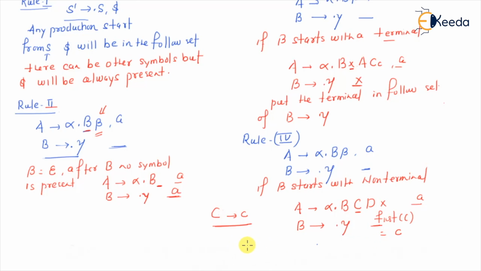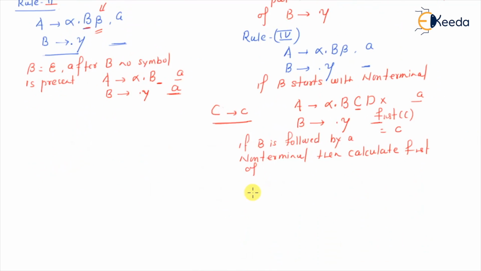So the rule says that if B is followed by a non-terminal, then calculate the first of that non-terminal and include it in the follow of B derives dot gamma, right?